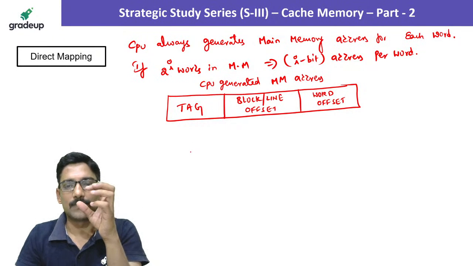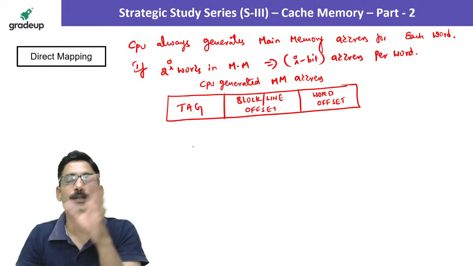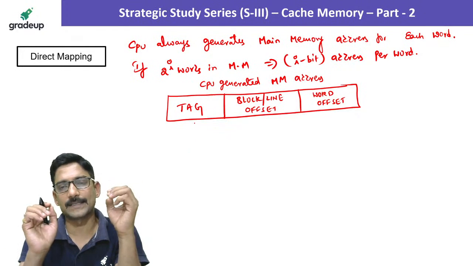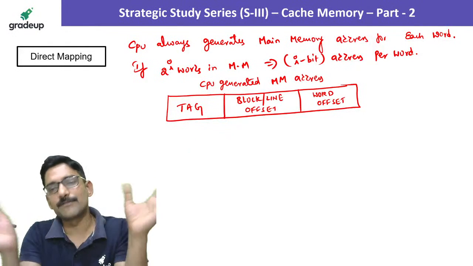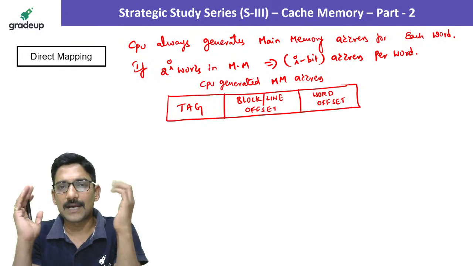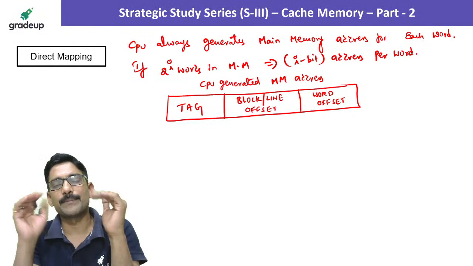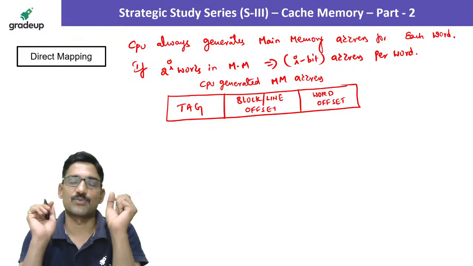The CPU doesn't give the address like this. The CPU just gives a word address of I bits. That I bit address the direct mapped cache understands in this way.